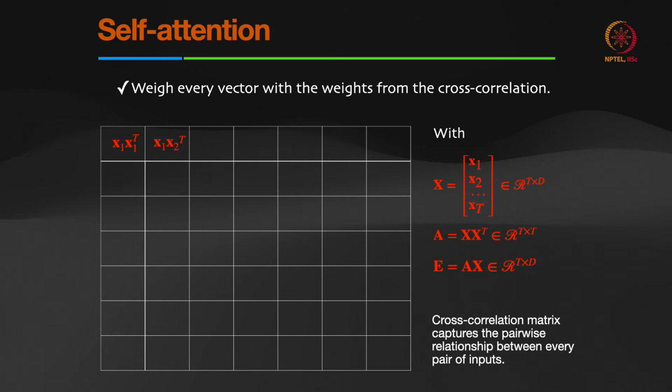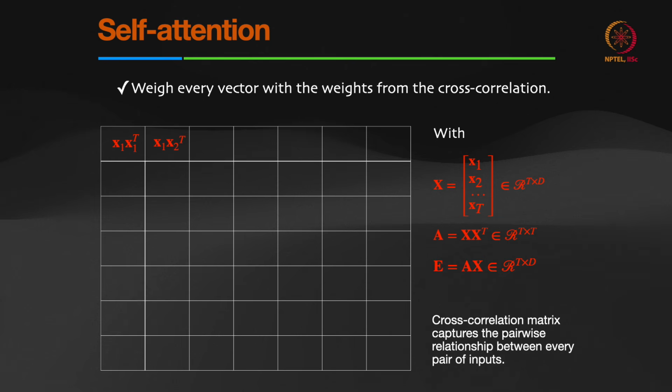What do we end up with? Now if I have 7 instances, I could come up with a 7 cross 7 matrix. Every vector associates or connects with every other vector including itself, and of course this becomes symmetric and has other properties that correlation matrices have. It becomes a positive semi-definite matrix and so forth.